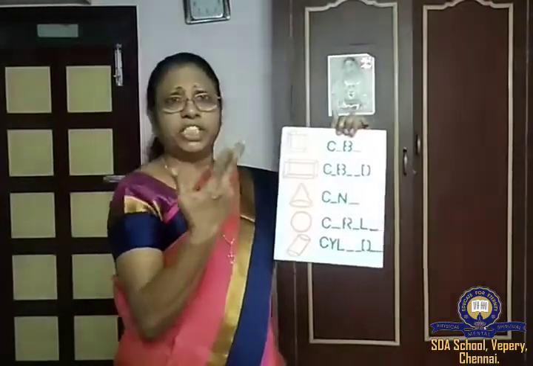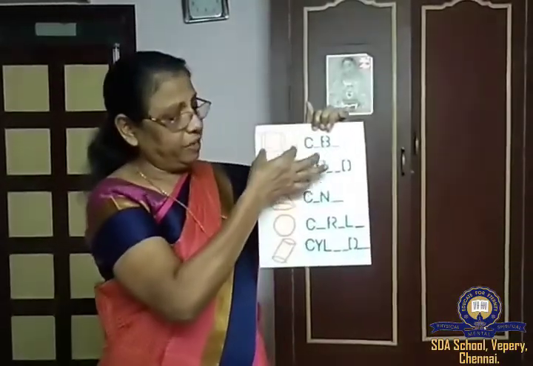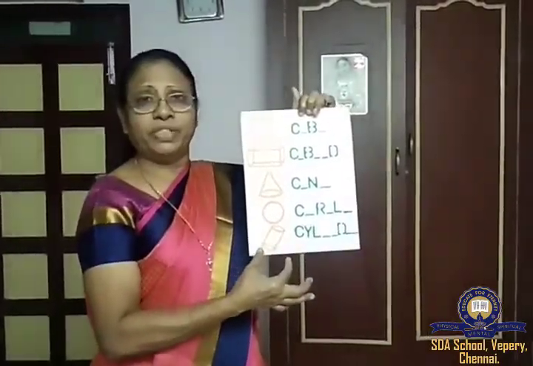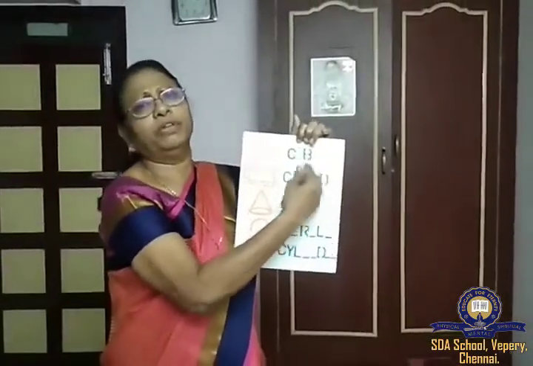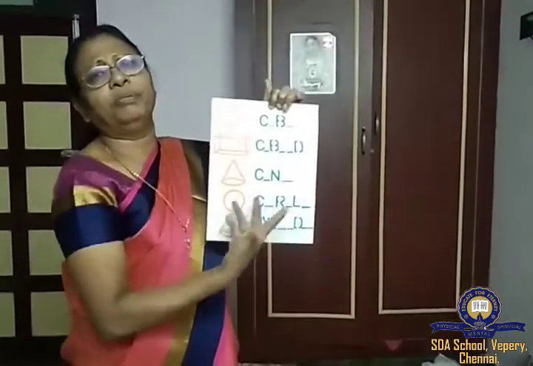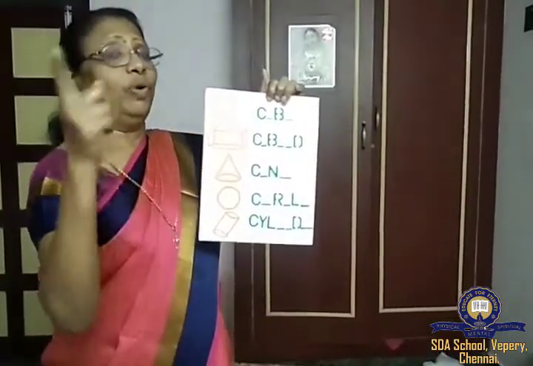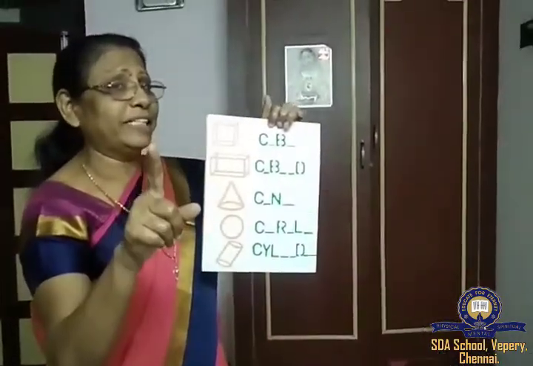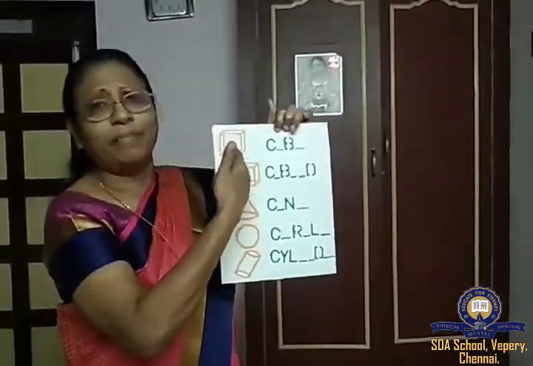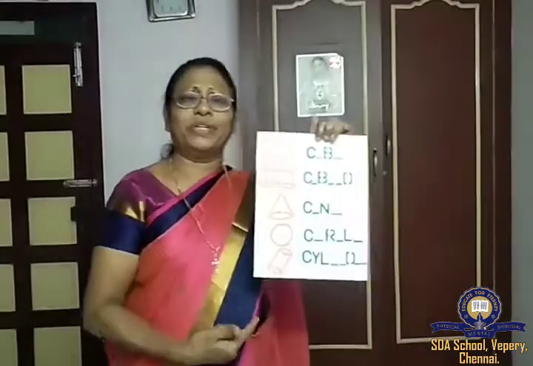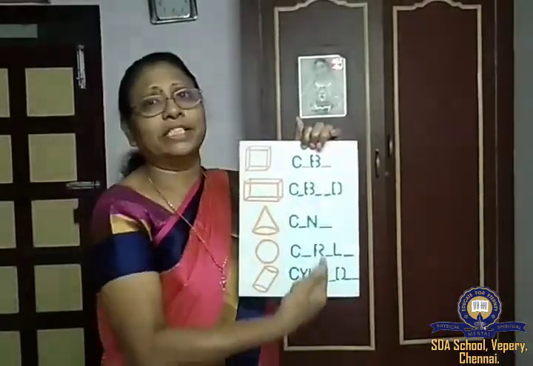It may be a 2D shape or a 3D shape. They'll give you the spelling, but only half of the spelling will be there. One or two letters will be missing. If you learn the spellings of 2D and 3D shapes properly, by looking at the shapes you will know the spelling.